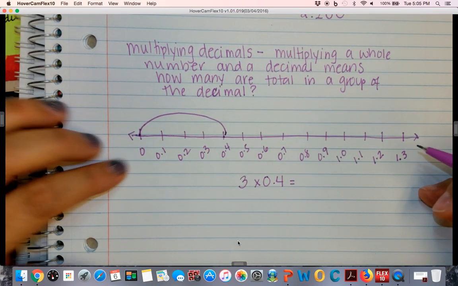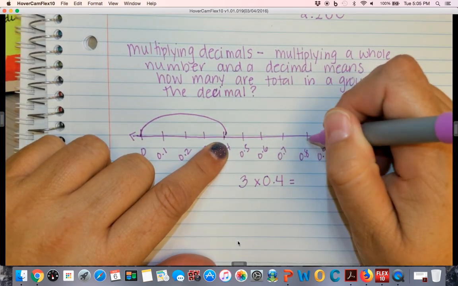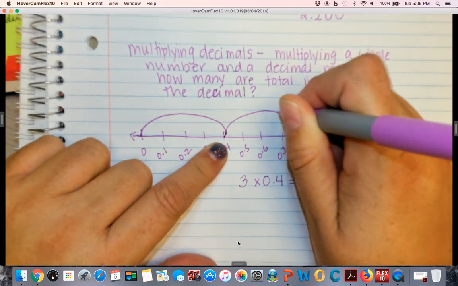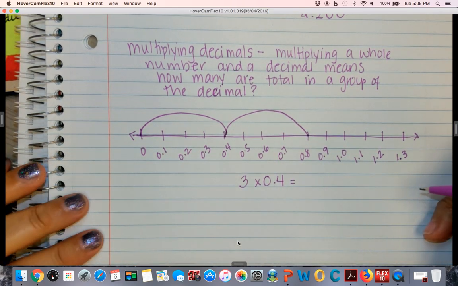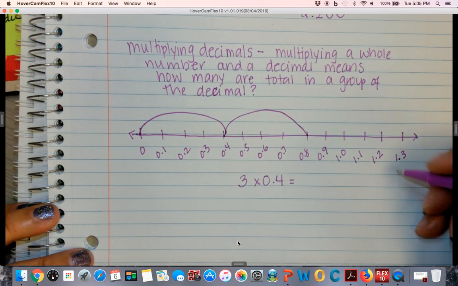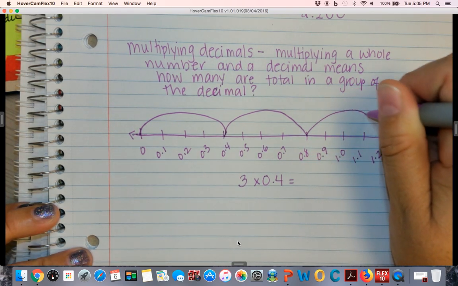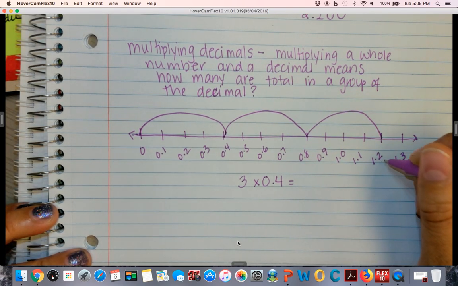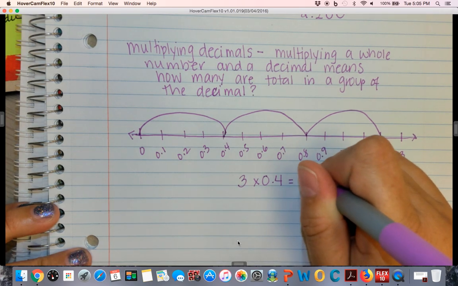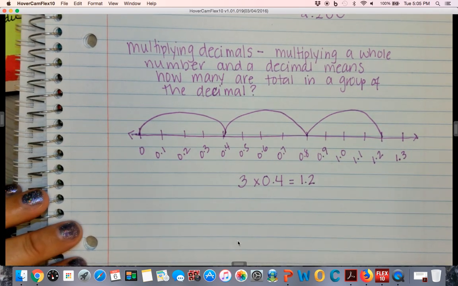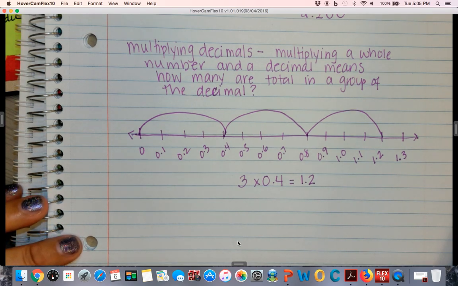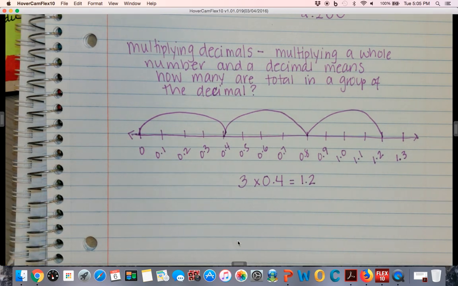And then I do another group of 4/10, which would put me at 8/10. And then I do another group of 4/10, 1, 2, 3, 4, and that puts me at 1 2/10. That's how we know that 3 groups of 4/10 is equal to 1 2/10.